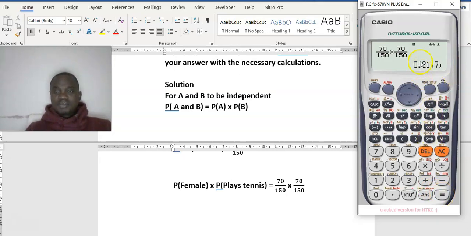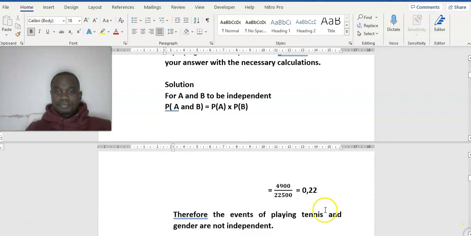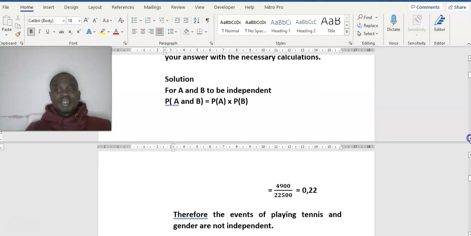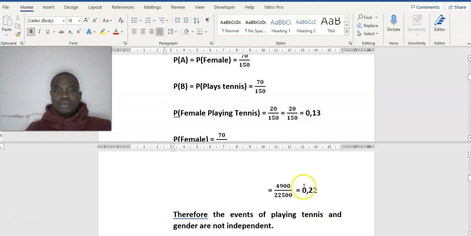If I convert it, it's going to be 0.21, which is about 0.22. So this is the probability of A times B. The probability of female times the probability of those who play tennis gives us this value. Then the probability of female and also play tennis gives us this value.